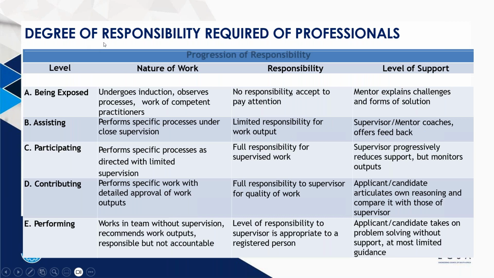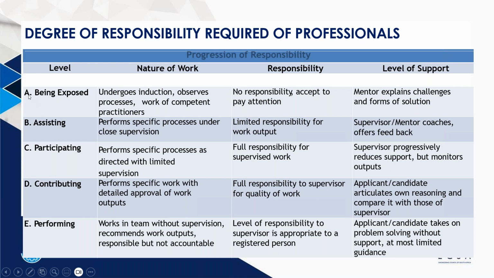And then this degree of responsibility required for professionals. I think I did allude earlier on to say ECSA is of the opinion that as soon as you go out to work, you have to be exposed, assist, participate, contribute, and perform.